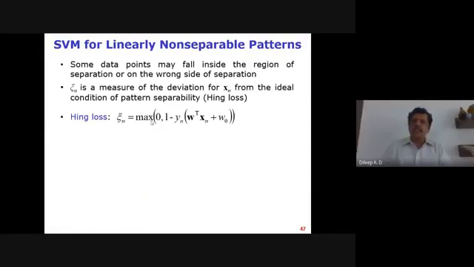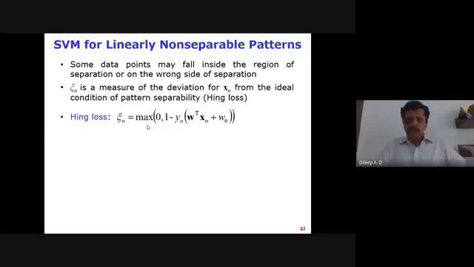Basically what this hinge loss indicates is that if the examples are lying on the margin or on the correct side of the margin, this loss is 0, and the loss is positive only if it is on the wrong side of the margin. That is the hinge loss.